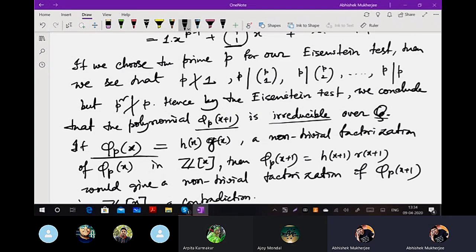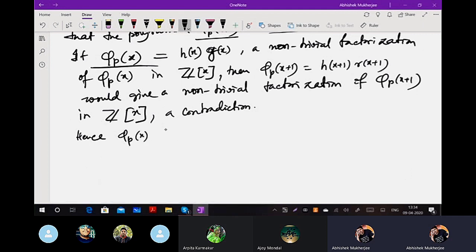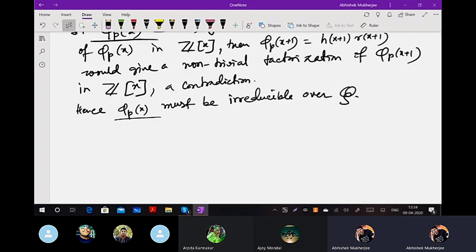That is, phi p x must be irreducible over Q. So for that example, you must observe that for this polynomial phi p x, you can't choose any prime directly, although it is irreducible.